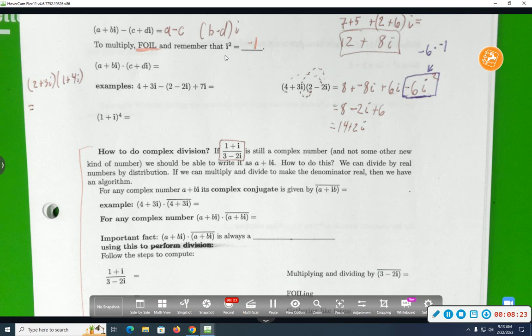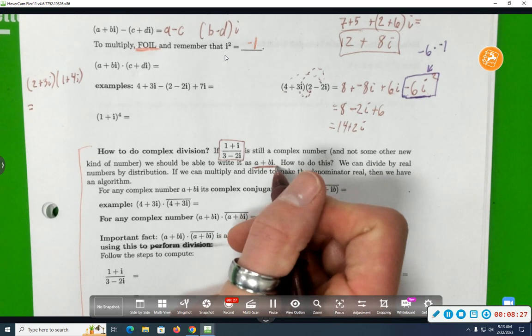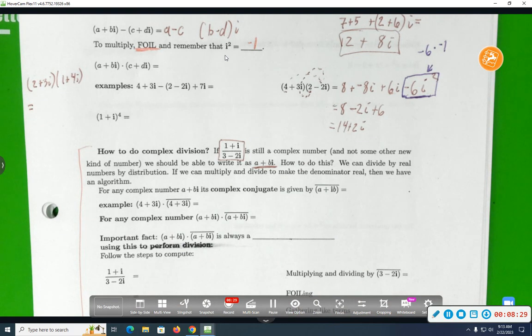If that's still a complex number, we should be able to put it in that form, a number plus a number times i. Well, we need a way to do that division. And here's roughly the motivation for the plan.